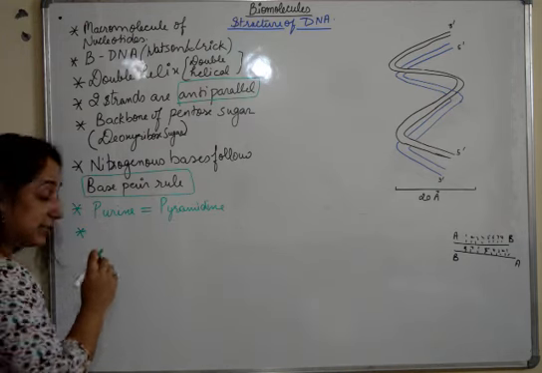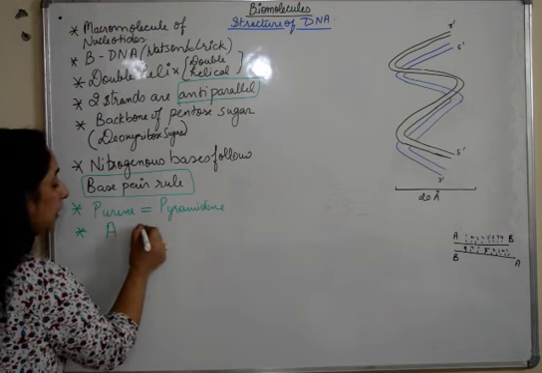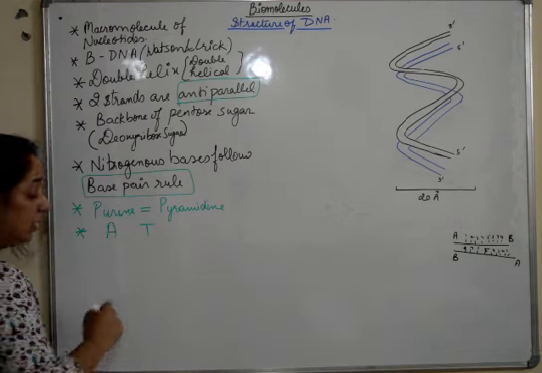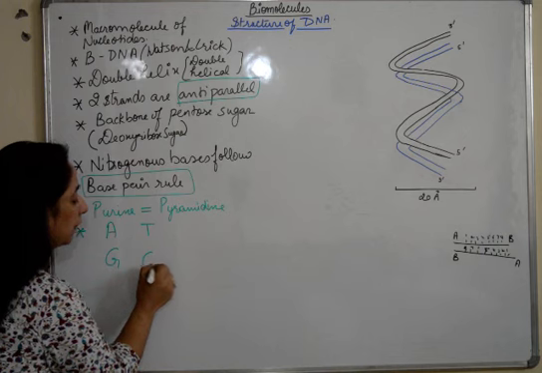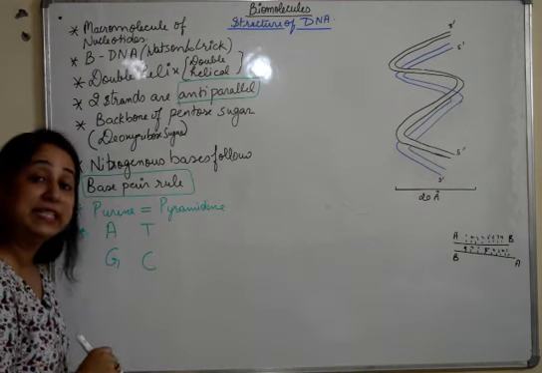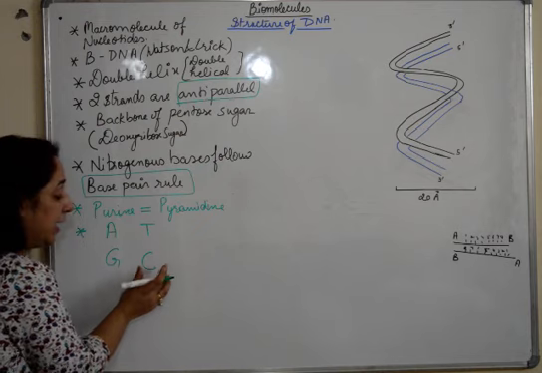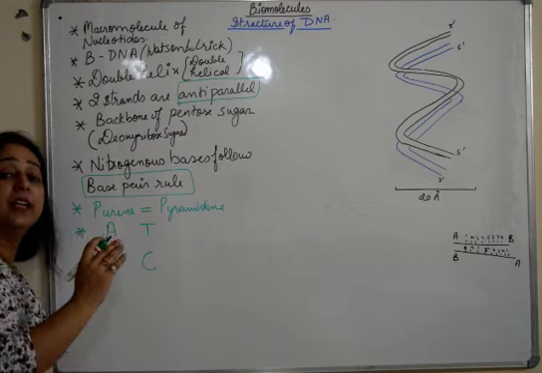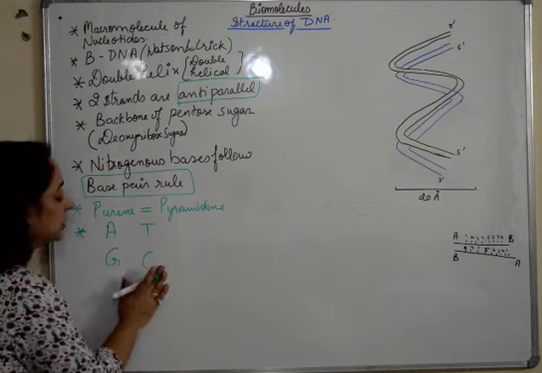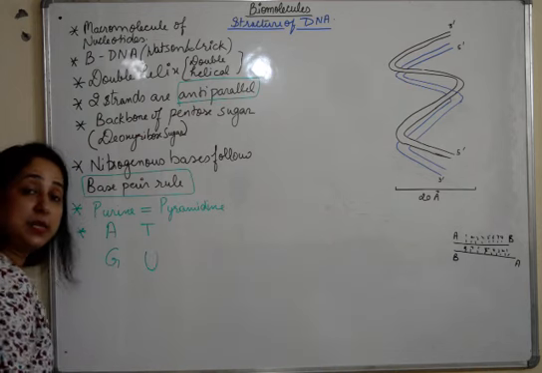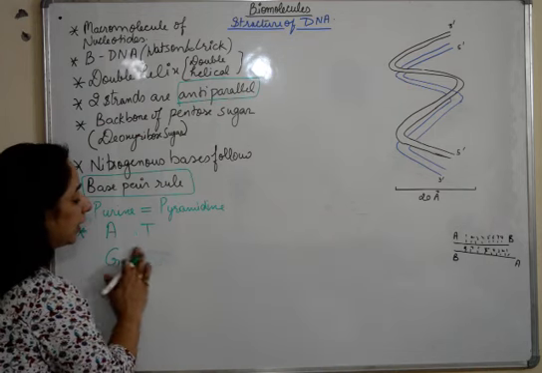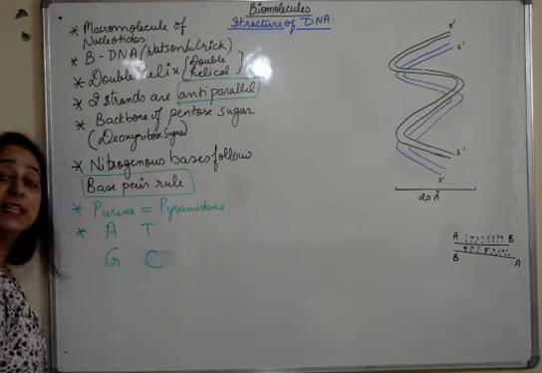The second rule says adenine will always pair with thymine and guanine will always pair with cytosine. As we are talking about DNA, it is cytosine here. If it was RNA instead of DNA, there would be uracil instead of cytosine, but we are talking about DNA here, so it is cytosine.